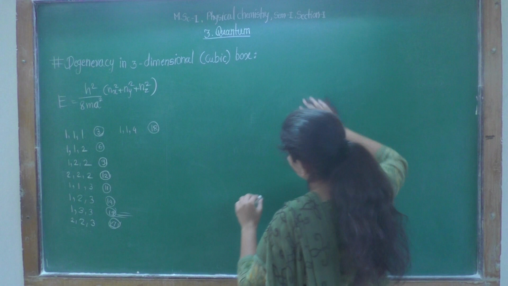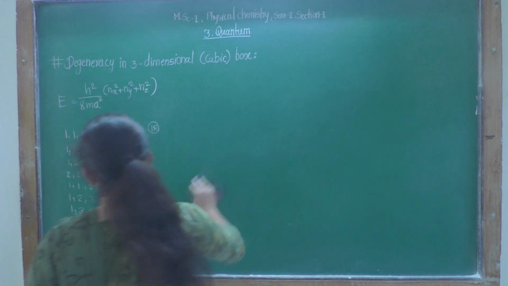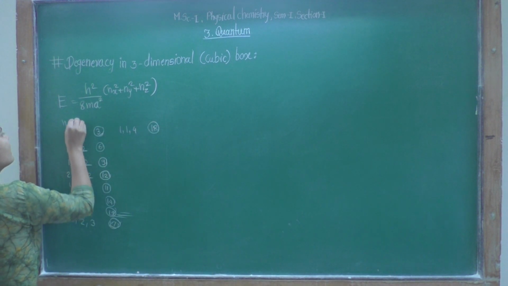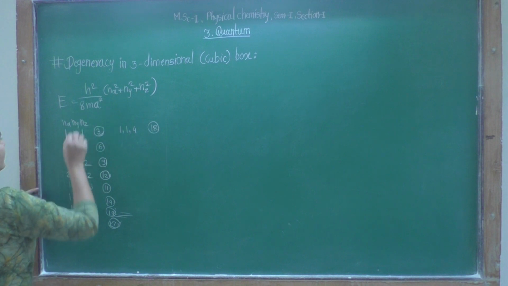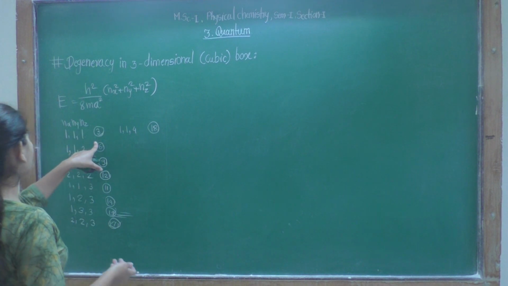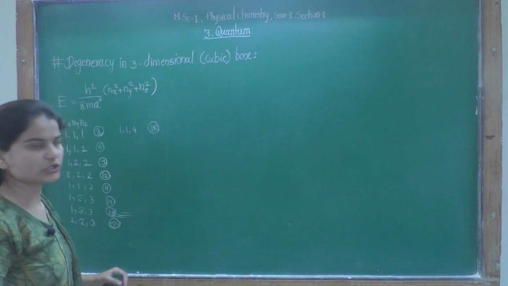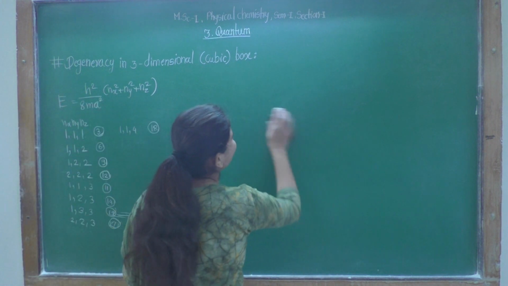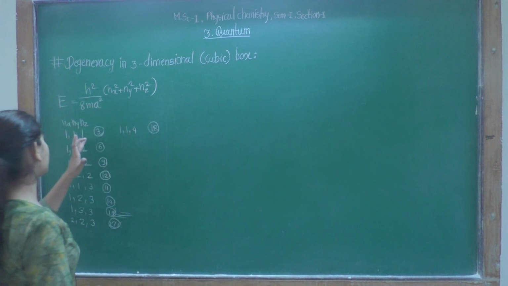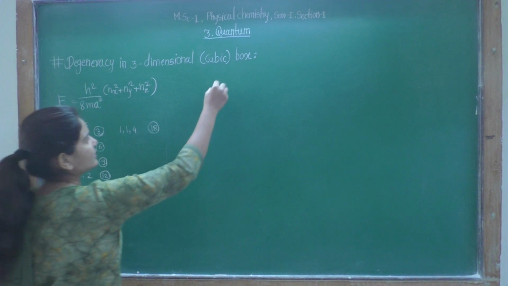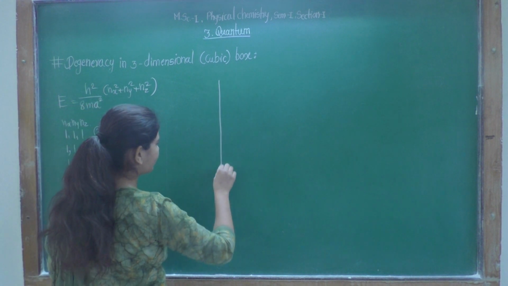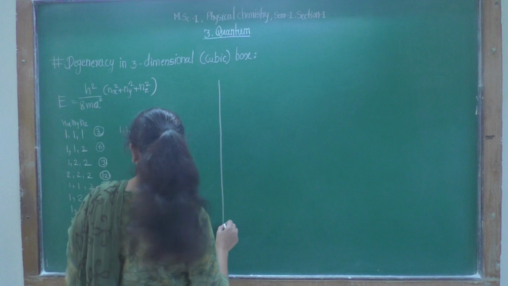Let's show the energy levels now. These are the values of Nx, Ny and Nz. For each value, we can give different combinations, that means we can exchange the values from Nx to Ny, Ny to Nz. We have obtained values up to 19.